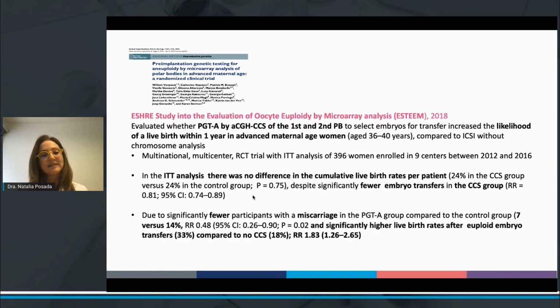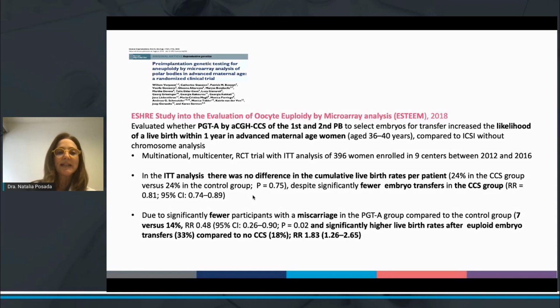This was a multi-center trial with an intention to treat analysis that included almost 400 women in 9 centers between 2012 and 2016. And the reason why they wanted to evaluate the polar bodies is because in some countries, the embryo biopsy as such is not allowed.